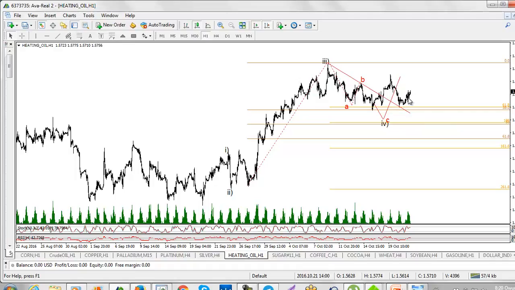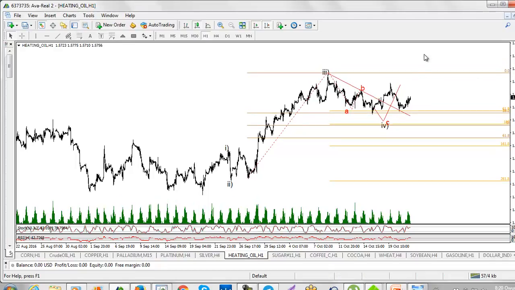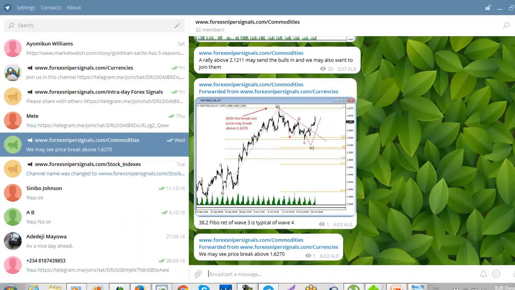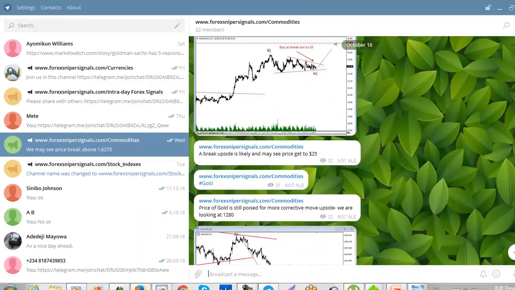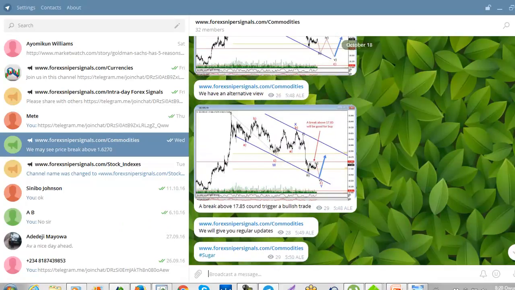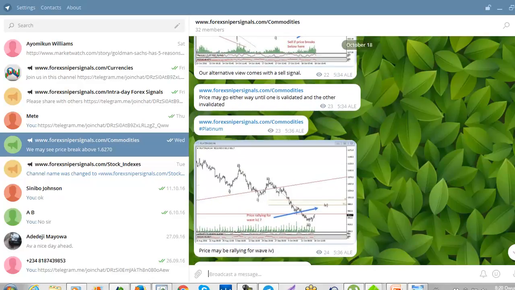So for heating oil, we're expecting price to continue moving upside. It's going to be a very good one. And then the next one we looked at was the crude oil. Okay, we looked at the crude oil actually.